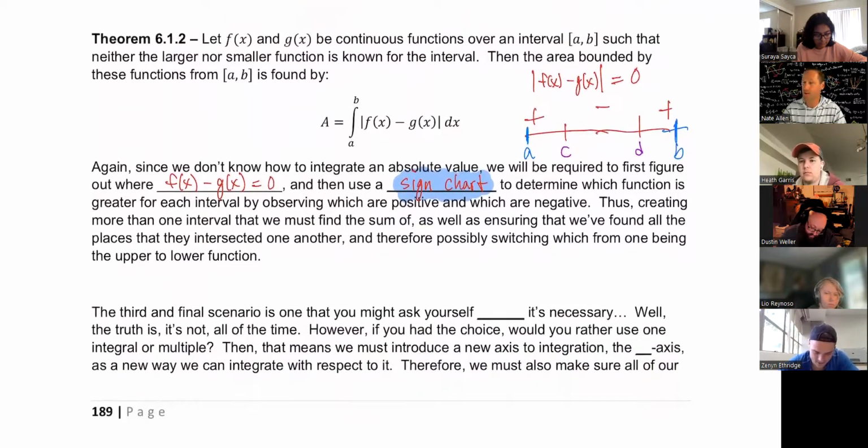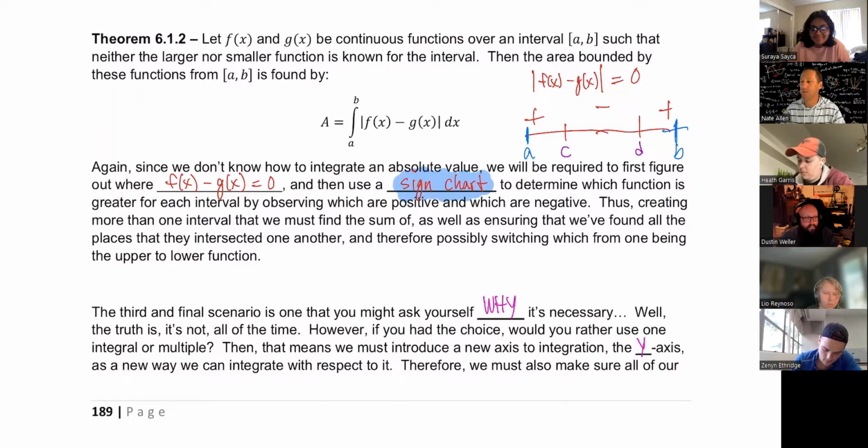But there is a third scenario, unfortunately. We went over the first one. That is the second, when it changes which one's the upper and the lower. But you might be asking yourself, why? Why is it necessary? And you're absolutely right.